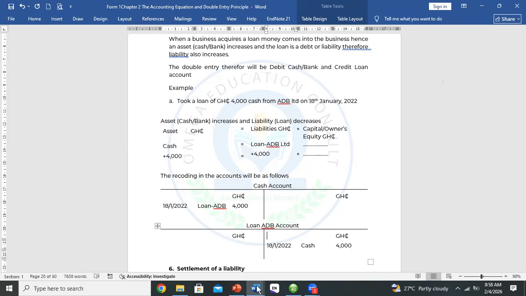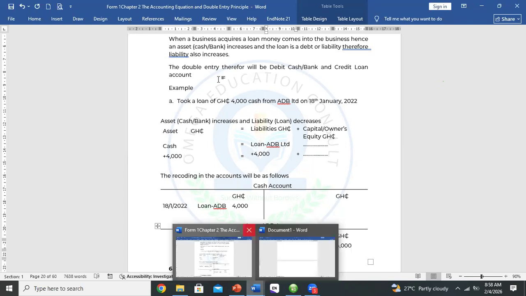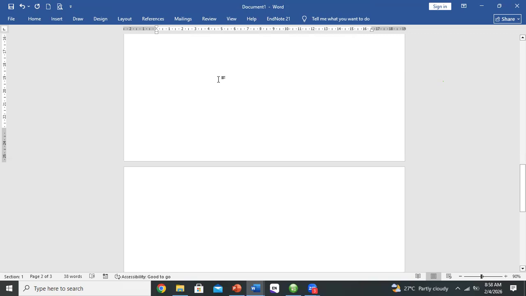For the sake of examination, normally when they give you the transaction, they can ask you to do two things. The first one is to ask you to tell us the effect of the transaction on the element of accounting equation or the element of account. So when you see effect, it means they want you to tell us whether an asset is increasing. So let's say increase in asset and maybe increase in another asset, right?